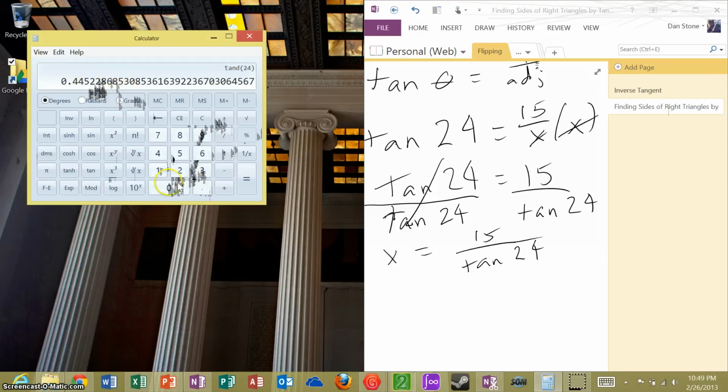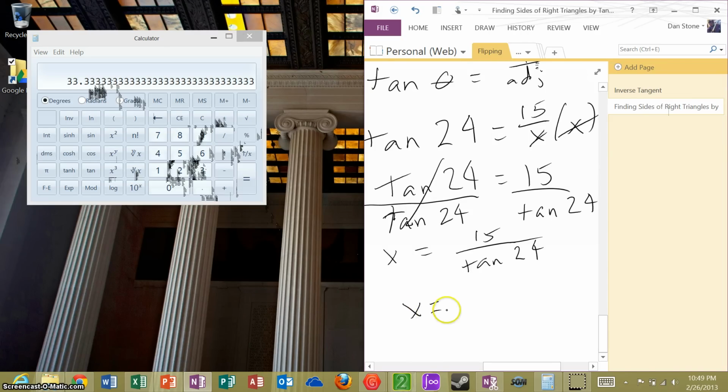So I'm going to do 15 divided by 0.45, which gives us 33.3 repeating. So I'm going to have x equals 33, point, we'll round to the nearest tenth, 33.3.